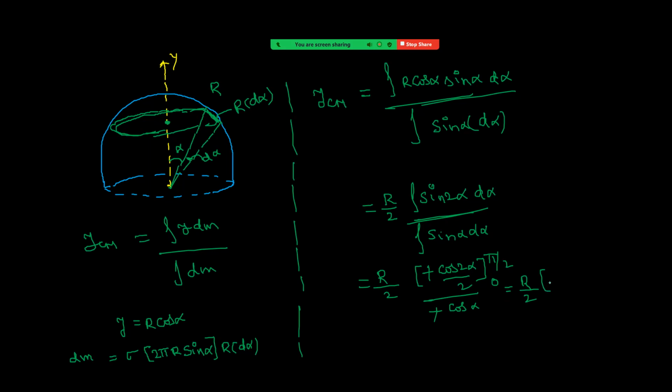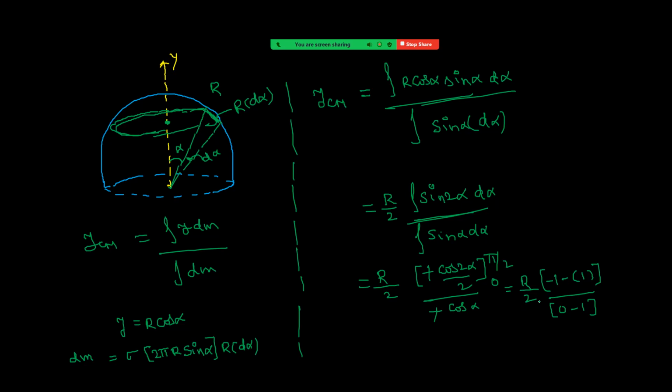First cos pi, that is minus 1, minus next 0, cos 0 is 1, minus 2, upon, coming to here, cos 90 is 0, minus cos 0, 1. This is minus 2, right? This is minus 2 and this is minus 1. Minus 2 minus 1. It is 2. See once the calculation part.